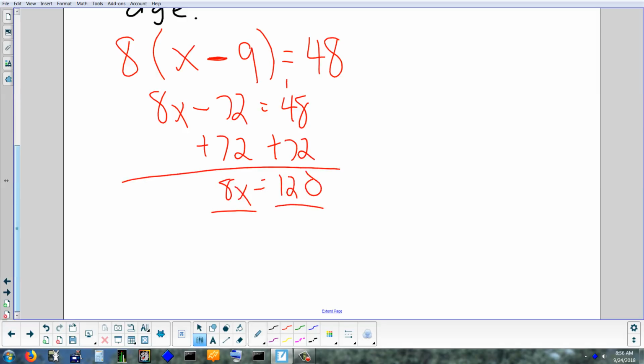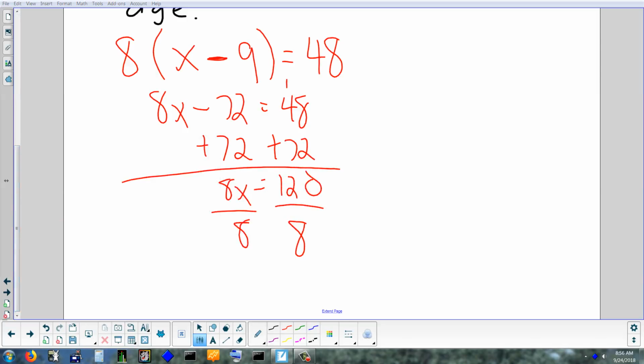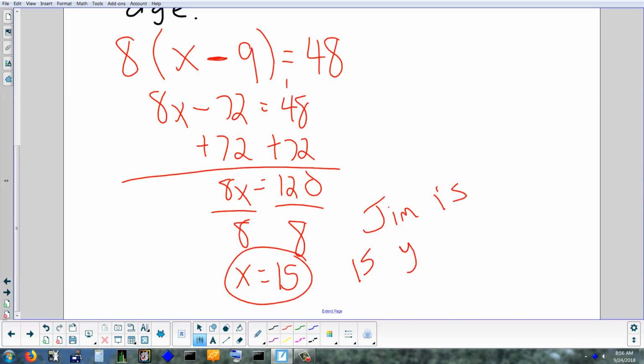Divide by what number? 8, because it has a variable attached, right? 120 divided by 8. Who did we just solve for? Ellie? Jim's age. So x equals 15. Jim is 15 years old.